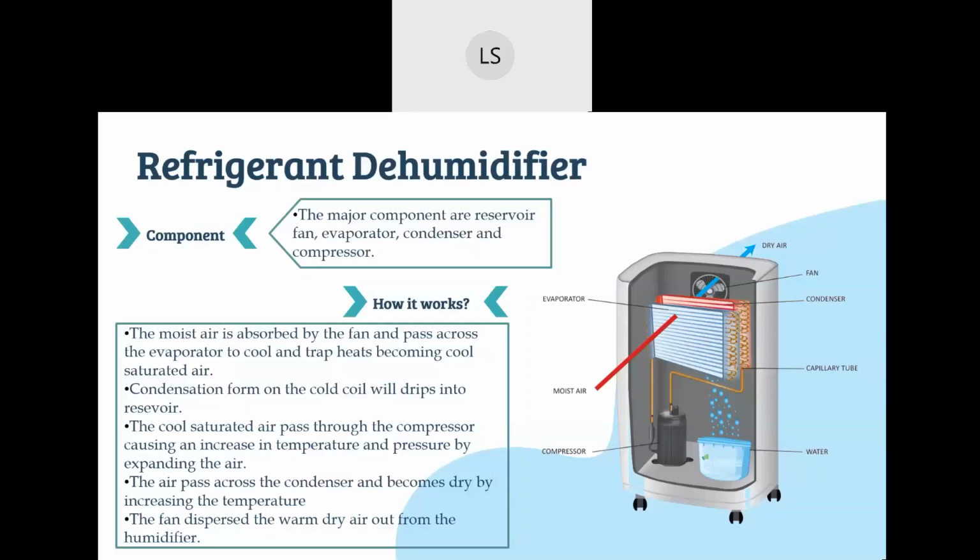For next, I want to ask Amira or Nadia, what is the difference between desiccant and refrigerant dehumidifier? Okay, Listen. Both equipment are used to remove moisture from the air, but both have differences.